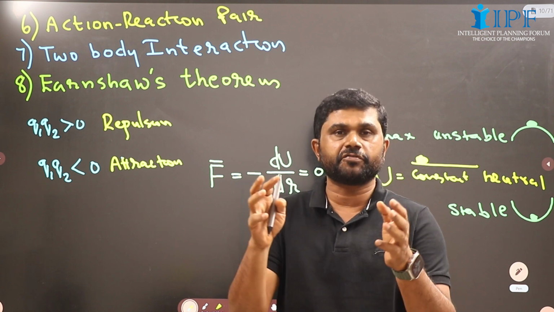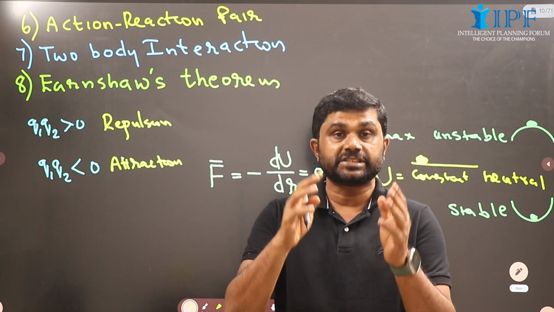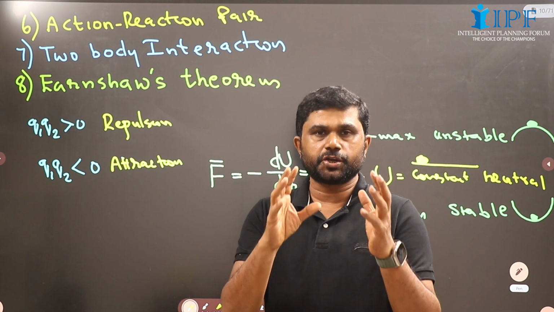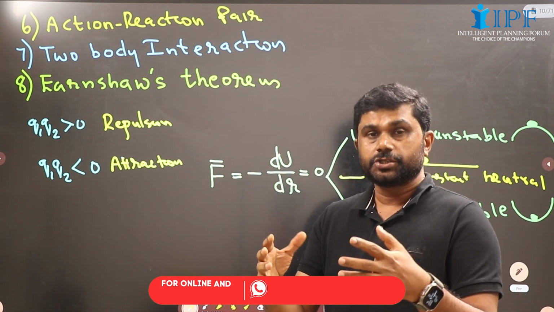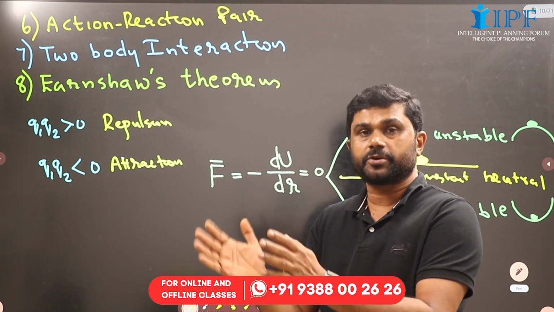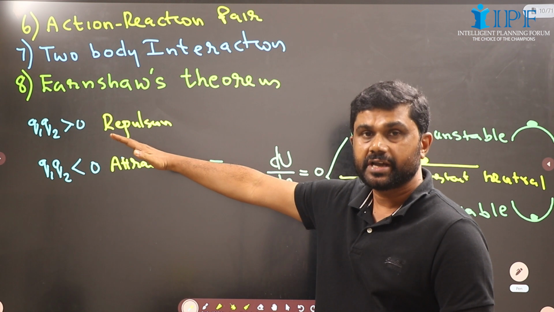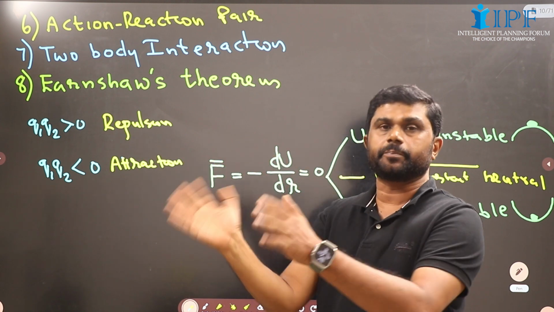So the sign of the force of interaction between two charged particles depends on the product q1 q2. If the product q1 q2 is greater than 0, it is positive, so either both the charges are positive or both the charges are negative. Then the force will be positive and it will be repulsive. So positive force means repulsion.